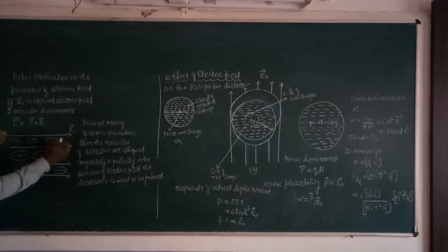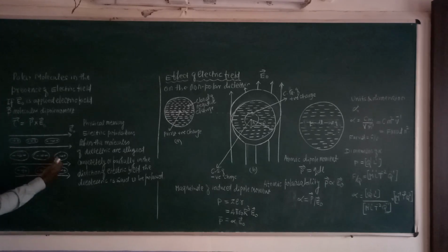The picture inside the sample or bulk of polar molecule substance, known as a dielectric, will be like this. All the positive charges will be aligned on one side, all the negative charges on the other side. We say here the polar molecule is electrically polarized, or electrical polarization takes place.